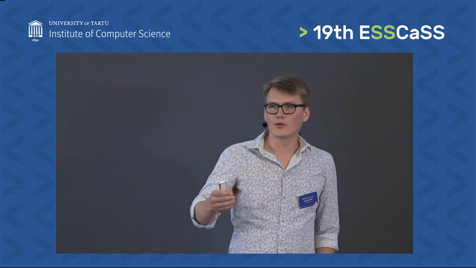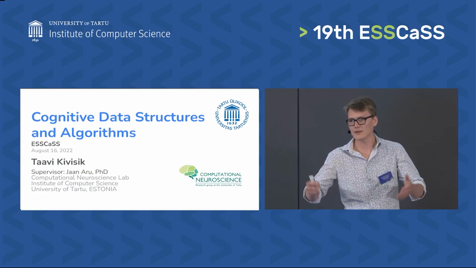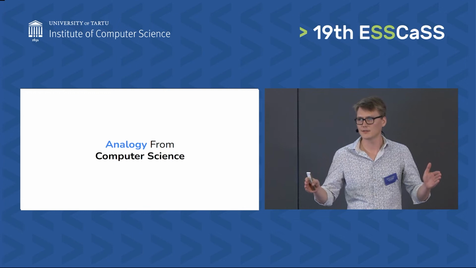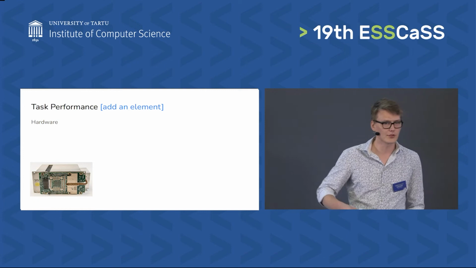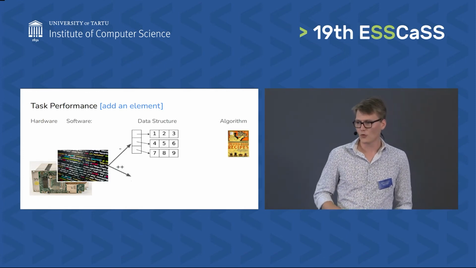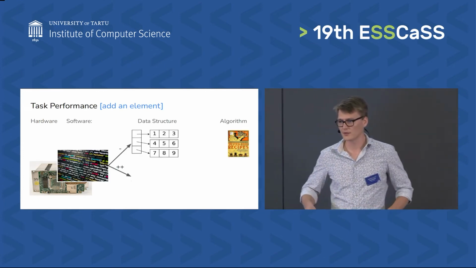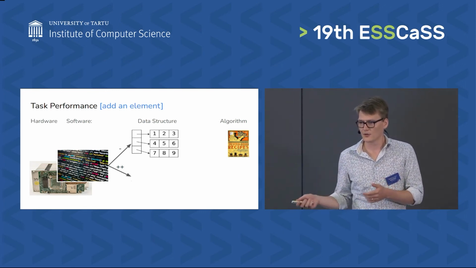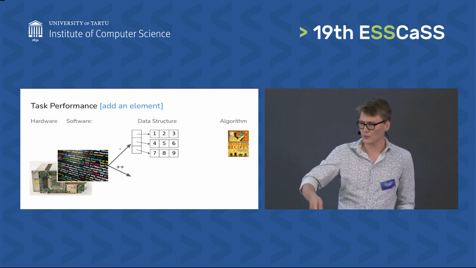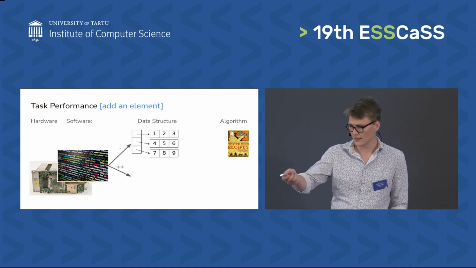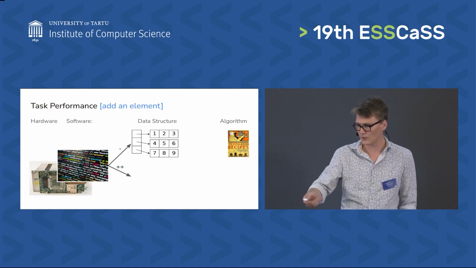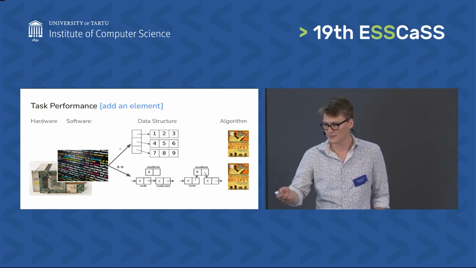Let's say you have a goal of you want to improve your task performance, and in a task called adding an element, let's say you have reached your limits, and so you can adopt an approach of upgrading your hardware, or you can adopt a software approach that you go from a not so efficient data structure to another one which allows that operation to be performed more easily. So in this case, going from an array to a linked list is better.